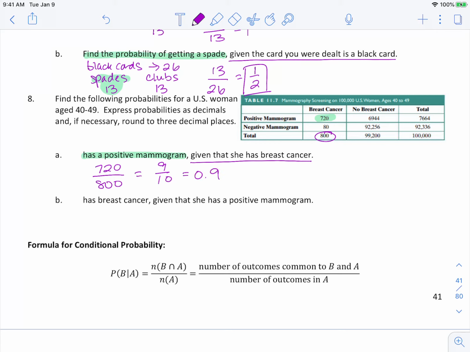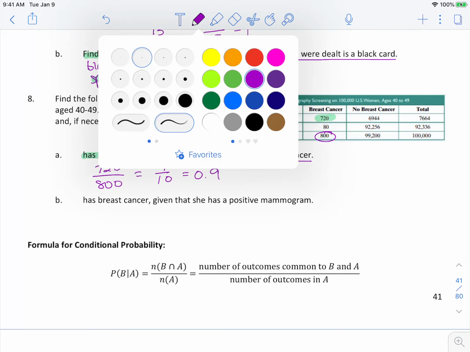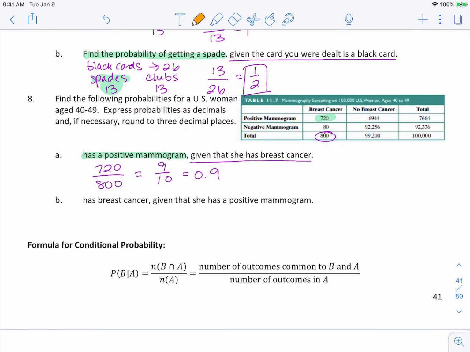Next, we have to find the probability that they have breast cancer given that she has a positive mammogram. I would like you to please do this one. All right, in this case, we are given that she has a positive mammogram.